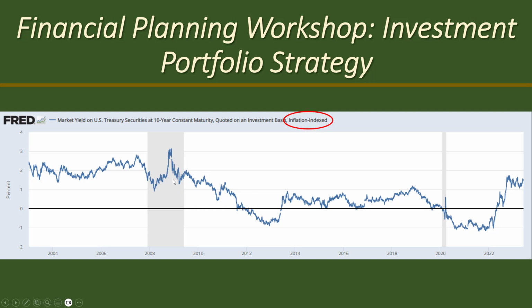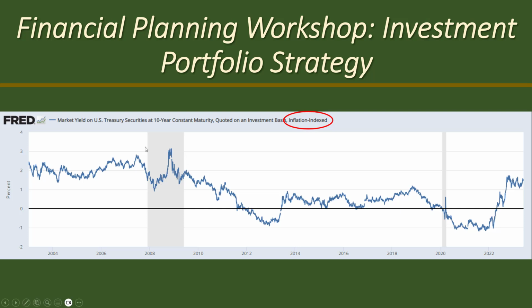I remember back here when TIPS hit 3%, and unfortunately I was still a portfolio manager, so I was really restricted on what I could buy, but I was very tempted to put a large amount of my portfolio into TIPS because to get 3% plus inflation on a risk-free basis, that would have been a really great investment.